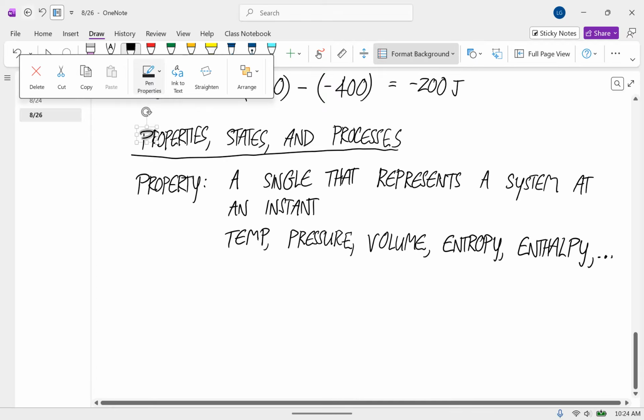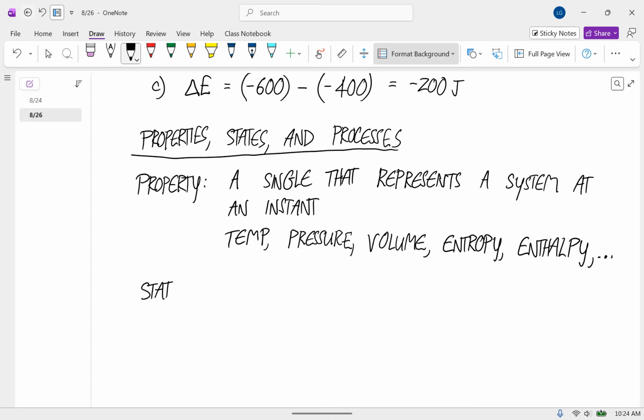A state is also at a single instant, but a state is all of the properties representing a system at a single instant.